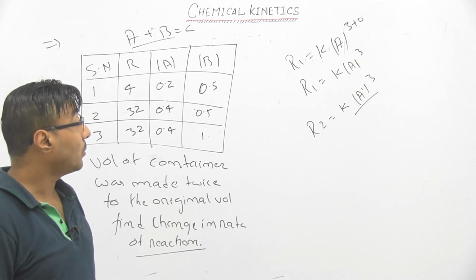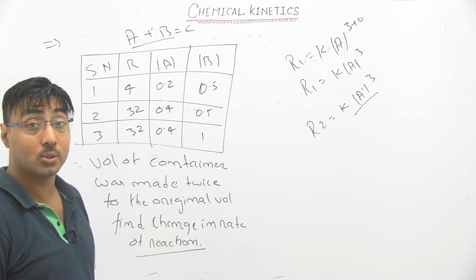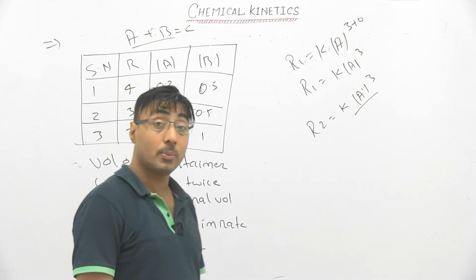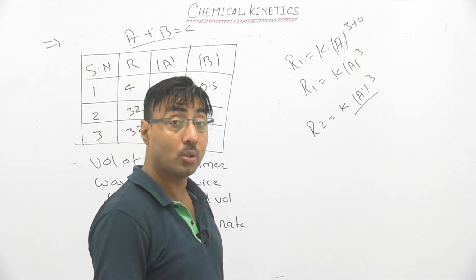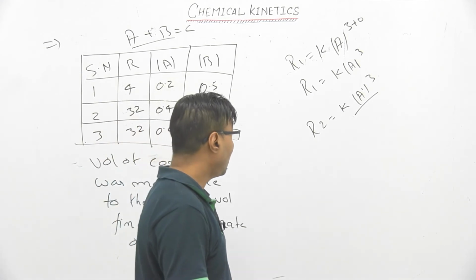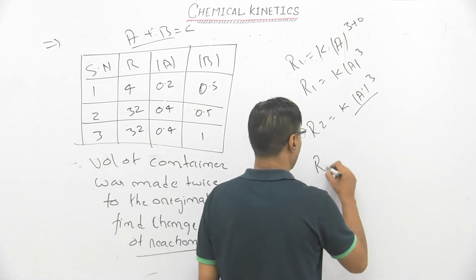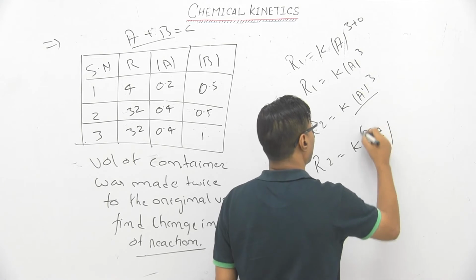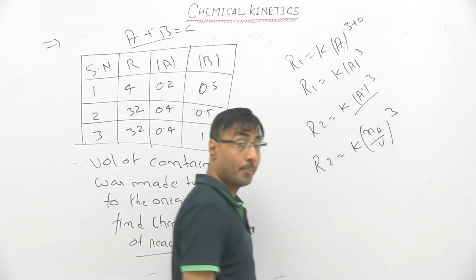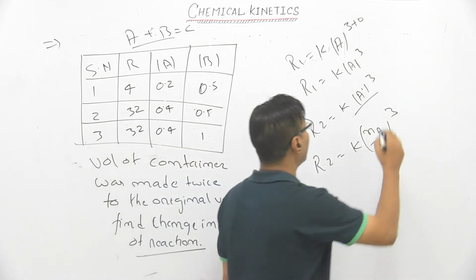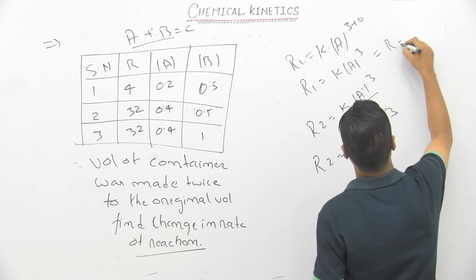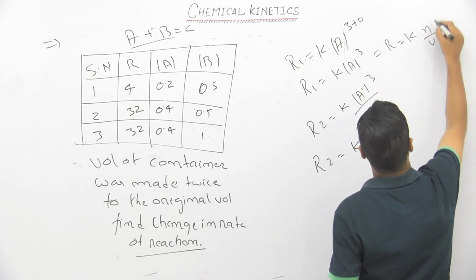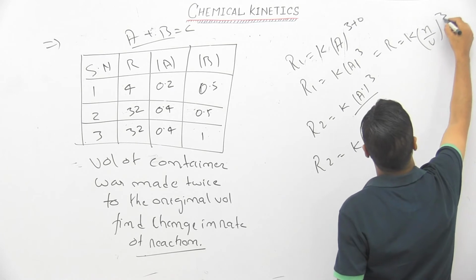As far as the number of moles of A is concerned, it is going to be constant. But what about the volume? Volume is going to be changed. See here, R2 is equal to K N A by V raised to power 3. So the first equation can be written like R is equal to K N by V raised to power 3.